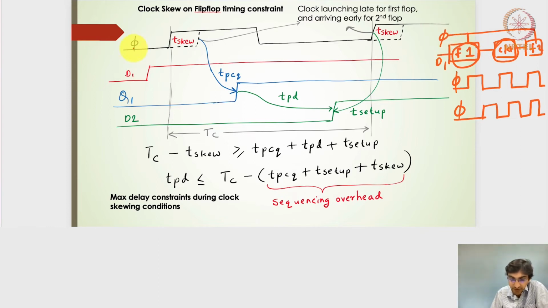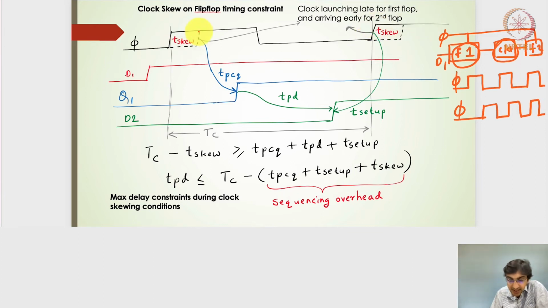So although the clock signal is shown in these black lines, we can say that F1 is actually getting the worst case skewed clock, annotated with the dotted lines. And flop number 2, because it is placed very close to the clock source generating circuit, is getting the clock which is arriving very early.